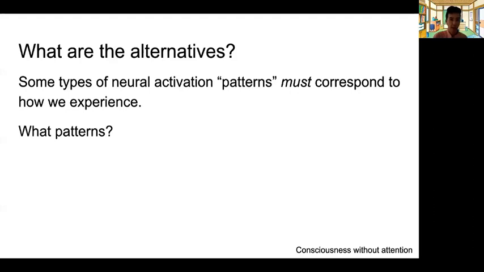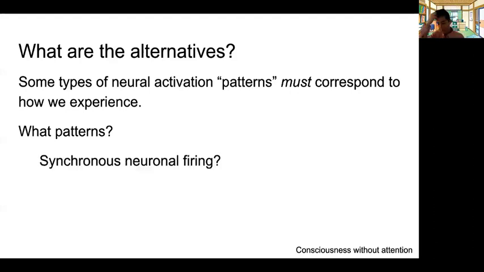Many people have studied and proposed that it is synchronous neuronal firing, like firing in auditory cortex and the frontal cortex simultaneously makes it possible for auditory-cortex-generated sounds to reach the conscious frontal areas, something like that.